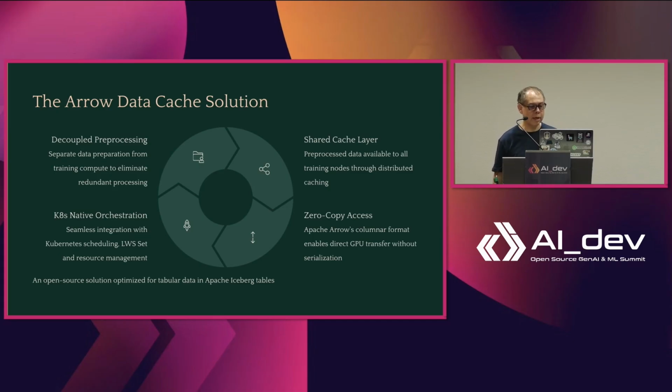And this will be a shared layer that can be accessed by multiple nodes and multiple training jobs. And it also provides zero-copy access using the Apache Arrow and Apache Arrow Flight mechanisms.